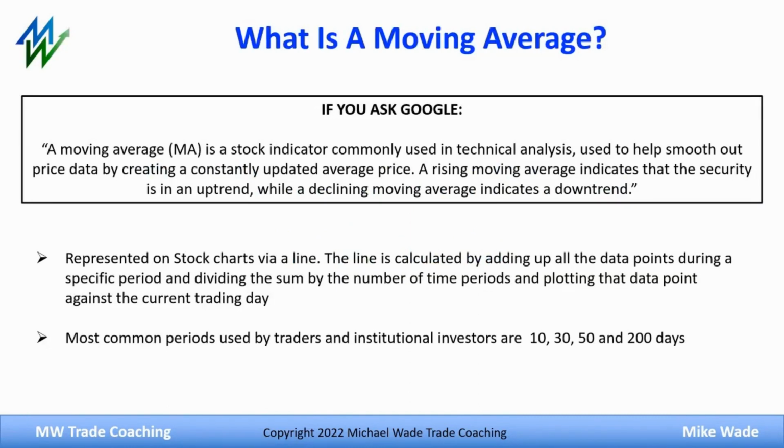So what is a moving average? Now, if you go and ask Google, and I've directly extracted this from Google, which is why I've placed it here, it's an indicator. It's a very commonly used indicator in technical analysis.